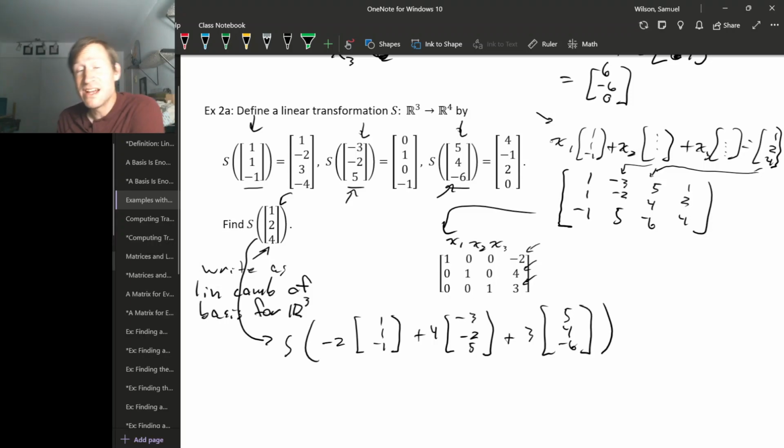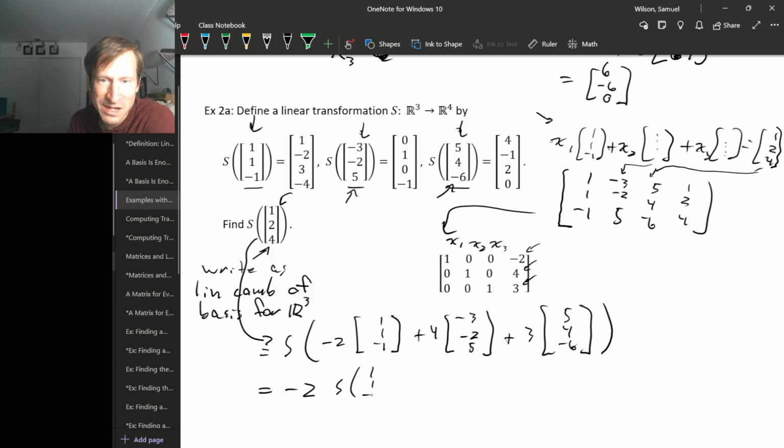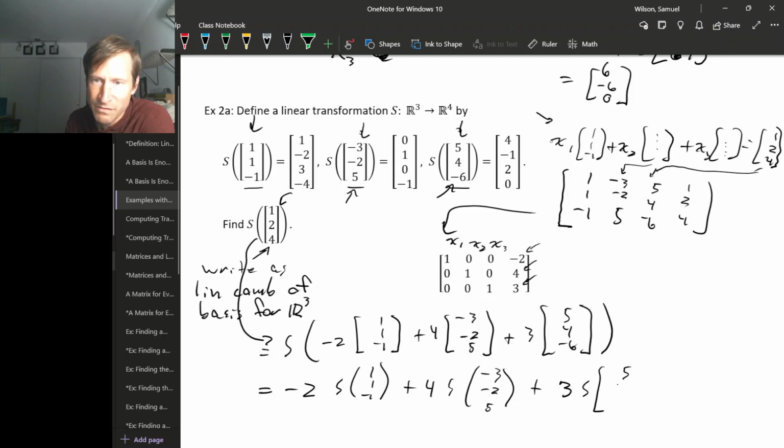And now we can proceed as we did with the last example of this kind. Now we can use the characteristic property of linear transformations to move the S inwards. So this is -2 times S of 1, 1, -1, plus 4 times S of -3, -2, 5, plus 3 times S of 5, 4, -6.